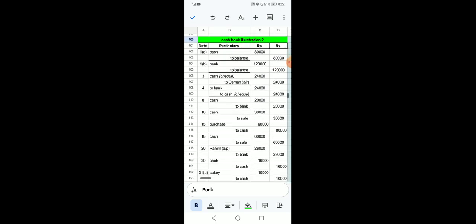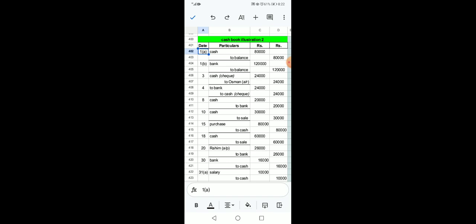Only three elements. And if there is any element which is not cash, discount or bank, we will skip it and not pay attention to it. Like I'm giving you an example of posting the first entry, 1A.